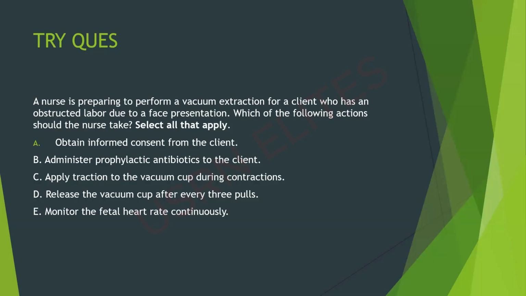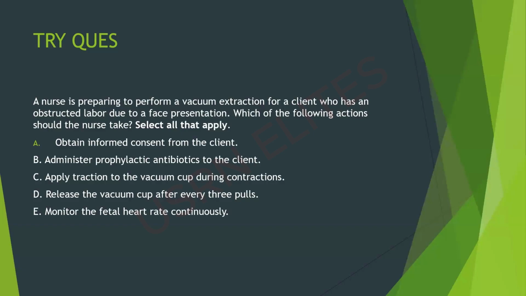So you are saying that every 3 pulls you just release. So all the subsequent contractions, subsequent pushing, you're not going to apply the cap. But mind you, the purpose is to hasten delivery. Do you understand?